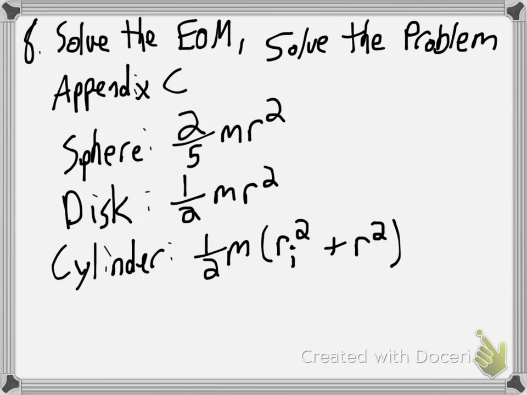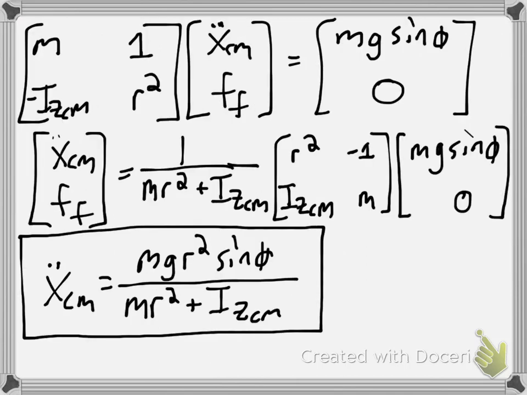And also you notice that in all three of these, there is the variable m, the mass. So if we replace these functions into the equation of motion that we determined in step 7, we would have a mass in this term and a mass in this term.